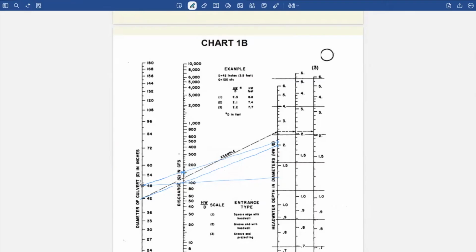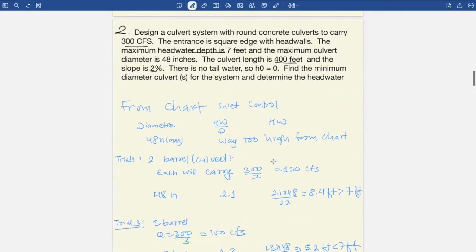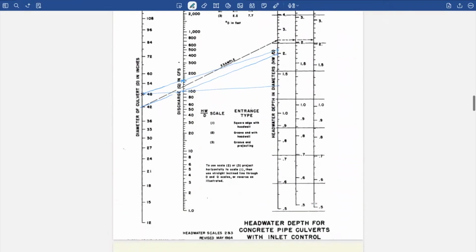So let us try two barrels. We have 300 CFS, and if we install two barrels, then it will be around 150 each. So at the same diameter and 150 discharge, it will give us around 2.1, which gives a headwater of 8.4, that is greater than 7 feet.